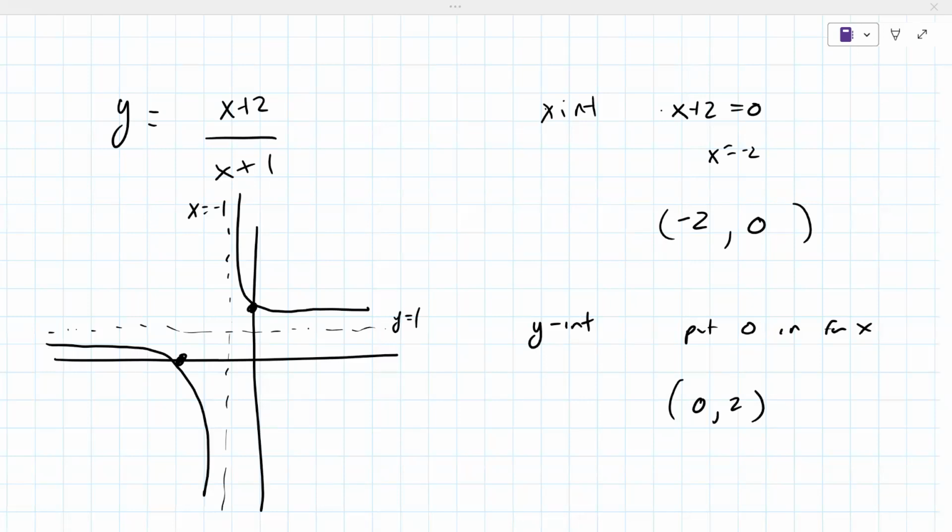That makes sense. How do you know to go up? We'll get to that in a moment, but for now just kind of go with it. There's more explanation to that, but just assume this is the correct graph.